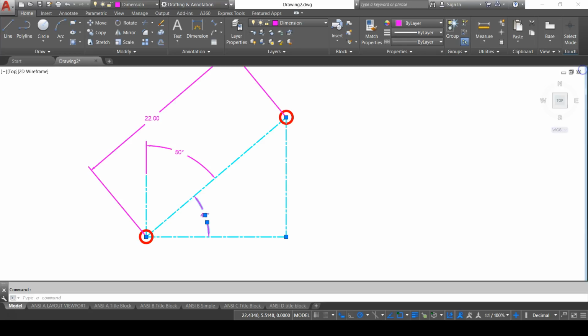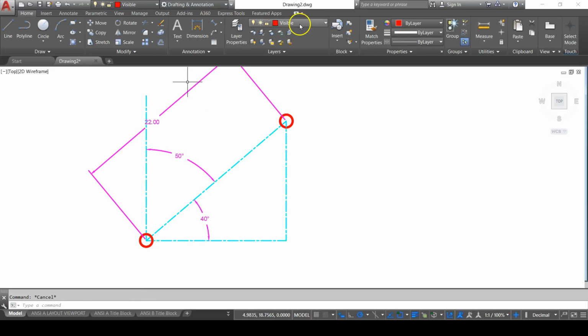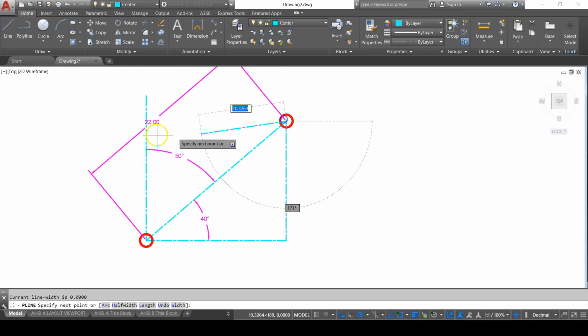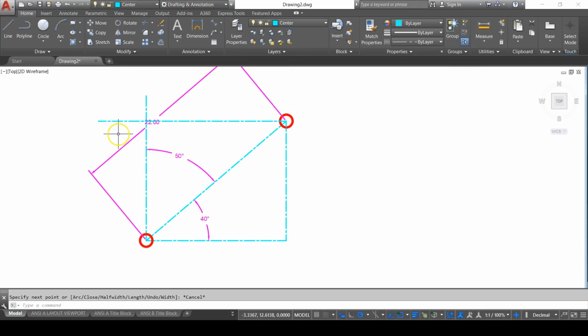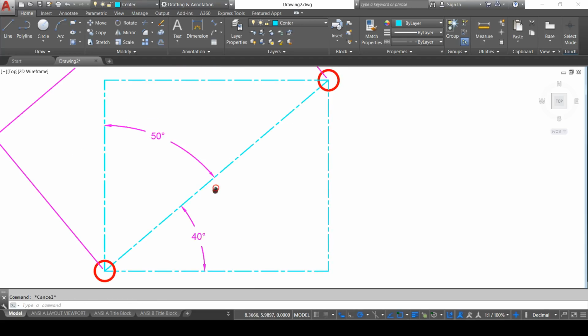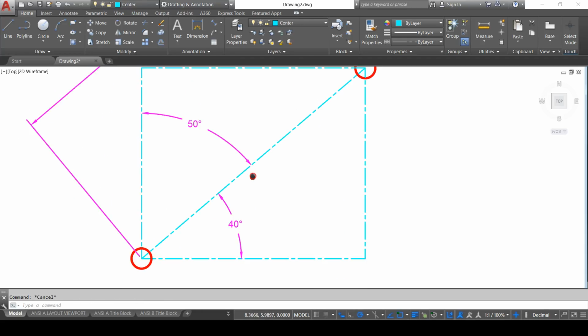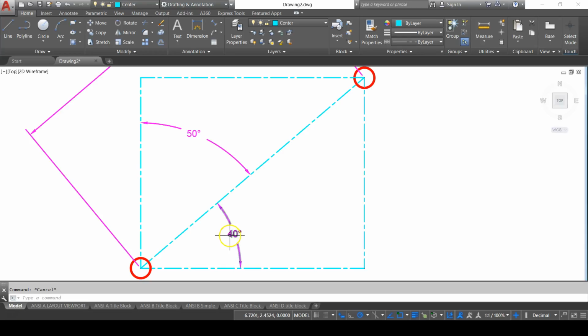Now, if you decided to go ahead and do this, do your triangle up here, that works too. It's not a big deal. That will work too. I'm just showing you here that depending on how you conceptualize your problem is going to change the angle that you use.